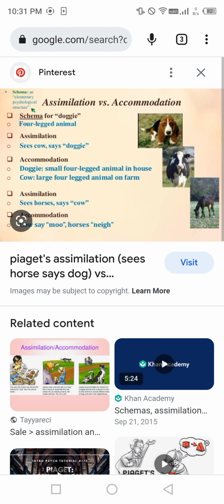Now the schema for the kid is that four-legged animals can be small or large. Smaller ones are doggies and larger ones are cows. Now, when the kid sees a horse, he says it's a cow.